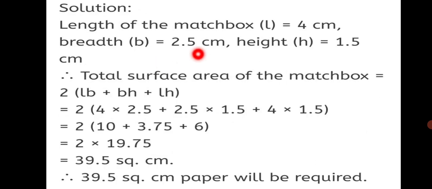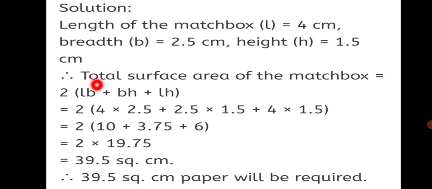Length of the matchbox L is equal to 4 cm. Breadth is equal to 2.5 cm. Okay, long means length, broad means breadth, and height is given as 1.5 cm. So write it down.